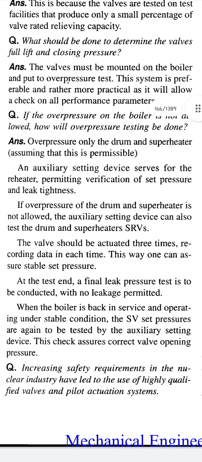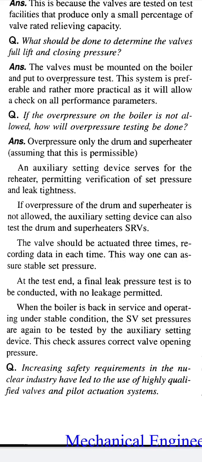If overpressure of the drum and superheater is not allowed, the auxiliary setting device can also test the drum and superheater valves. The valve should be adjusted 3 times, recording data each time. This way one can assure stable set pressure.